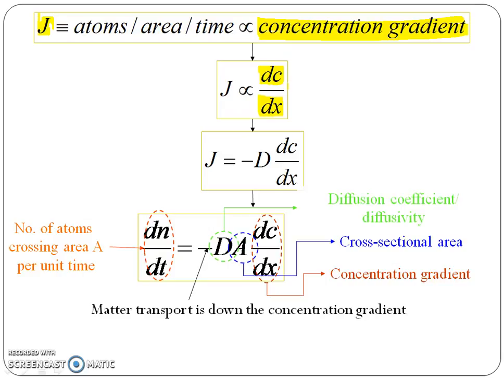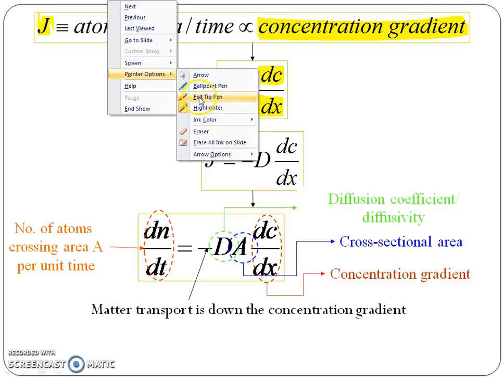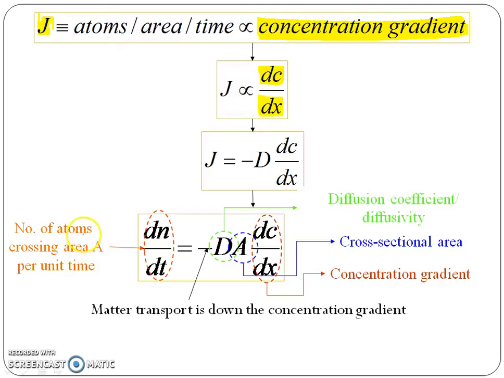Therefore dN by dt, that is the number of atoms crossing the area per unit time, must be equal to minus D, where the minus sign is there because the concentration decreases as we follow the direction of flow.